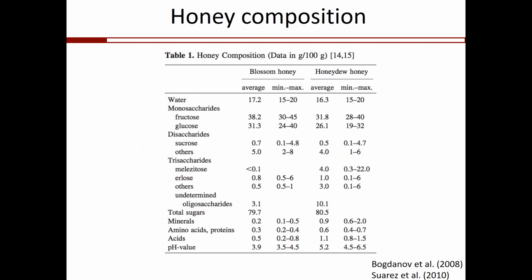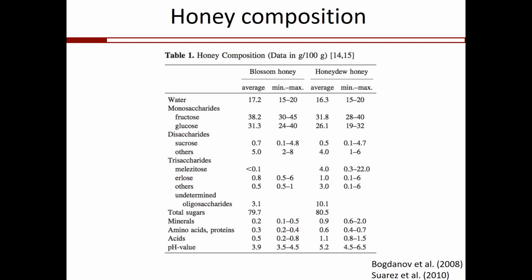Okay, this is just a table summarizing what honey is, and really it's about 70% sugar. 70% of that's going to be your two types of sugars, and then it has about 18% water, and then you have a bunch of other minor sugars and minerals, amino acids, proteins, and it has an average acid and pH value.